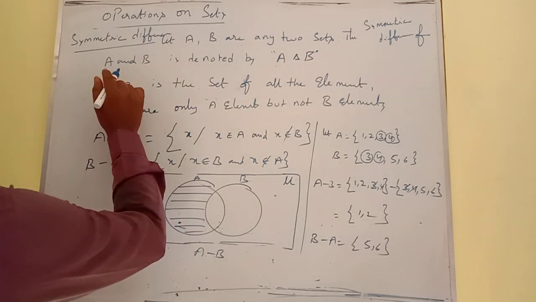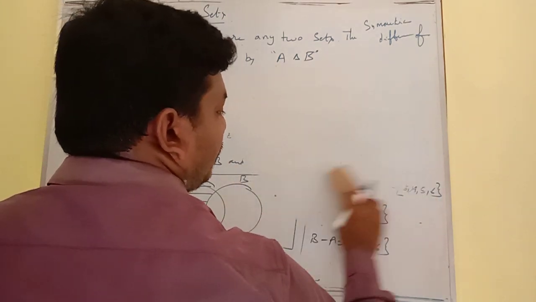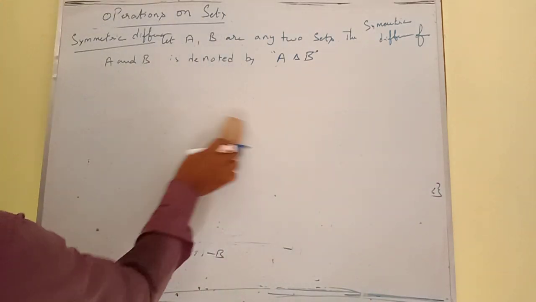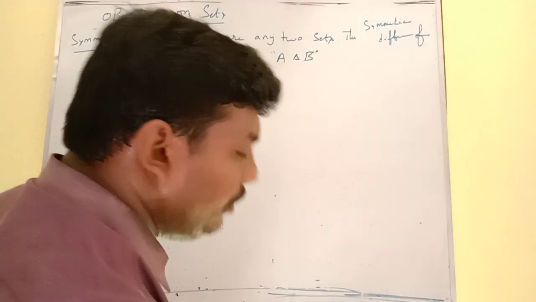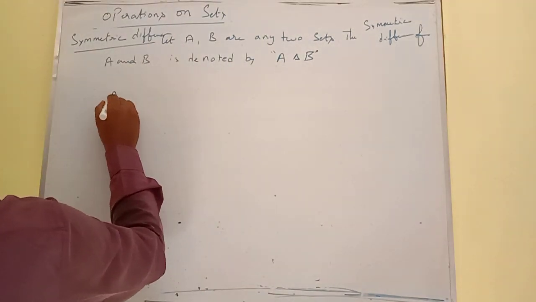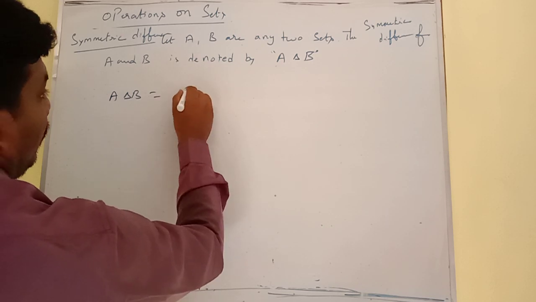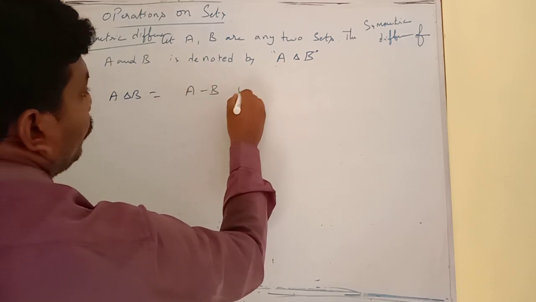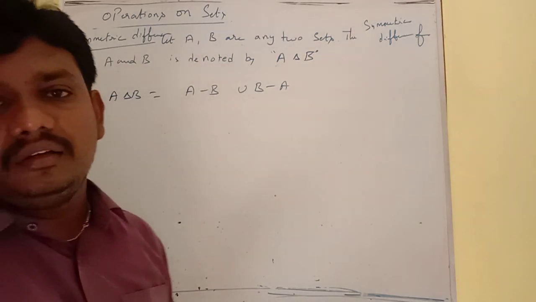A delta B can be written as A minus B union B minus A.